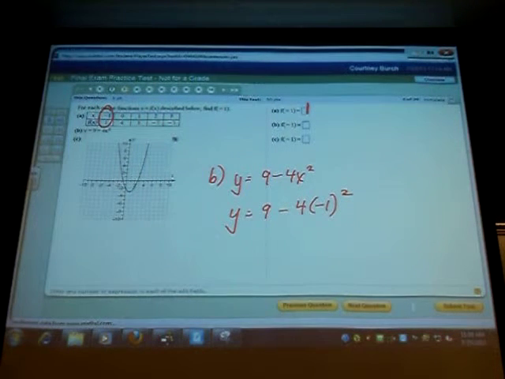If you're going to put it in the calculator, make sure you put the negative 1 in parentheses. A lot of you got a question wrong on exam 3 because you squared a negative number and got a negative answer, with no parentheses. Negative 1 squared is positive 1, 9 minus 4 is 5. So I should be getting 5 for my answer.